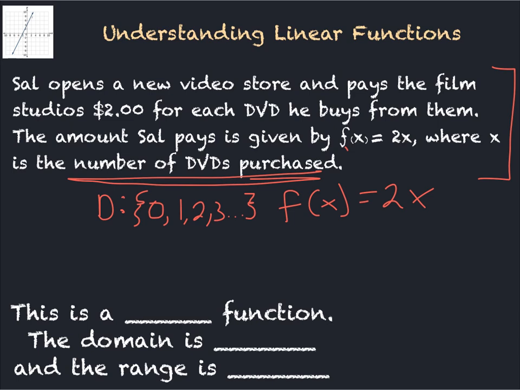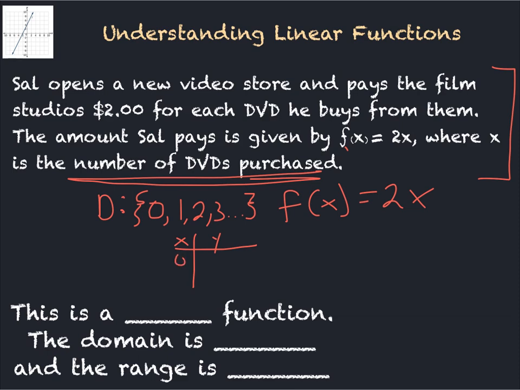So let's go ahead and graph this and see if this is in fact a linear function. So if we graph this, we're going to first want to do a table here. This is pretty simple, it's just 2 times x, so it's pretty simple to find our y values, our range.